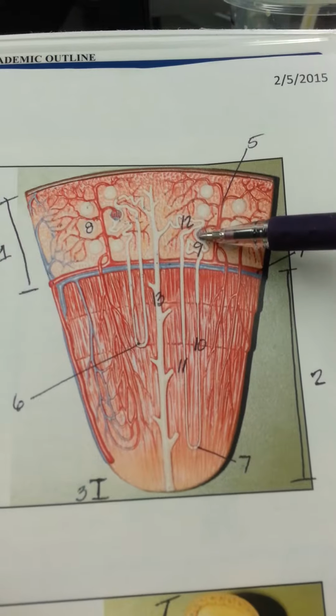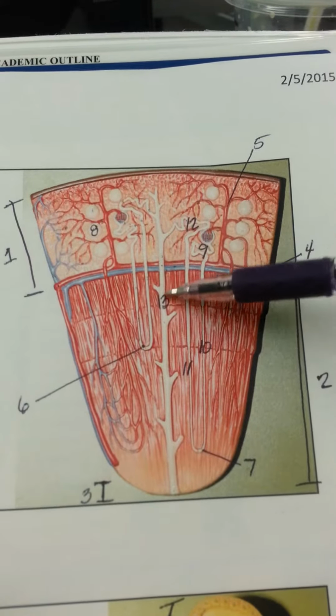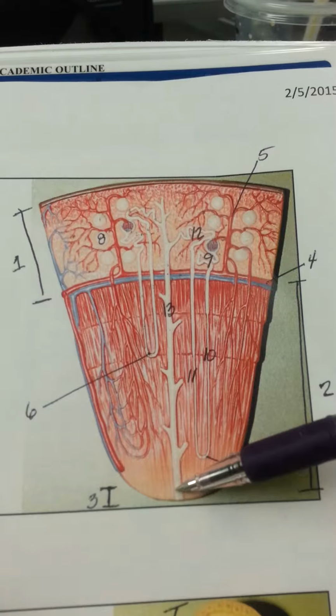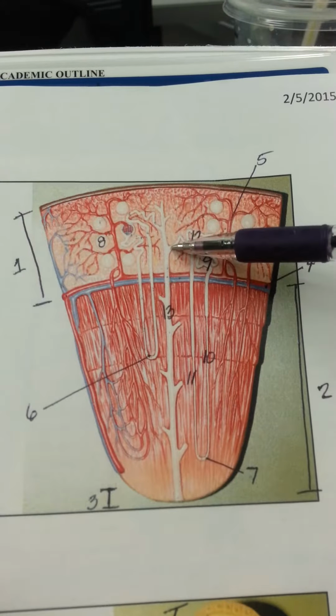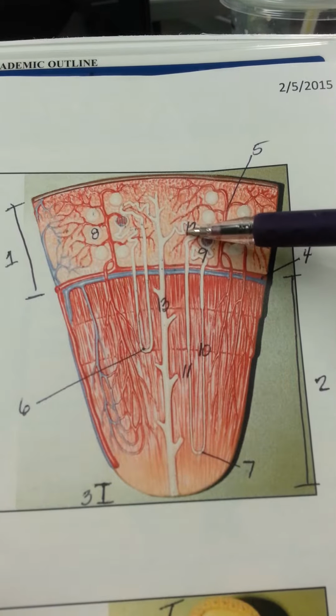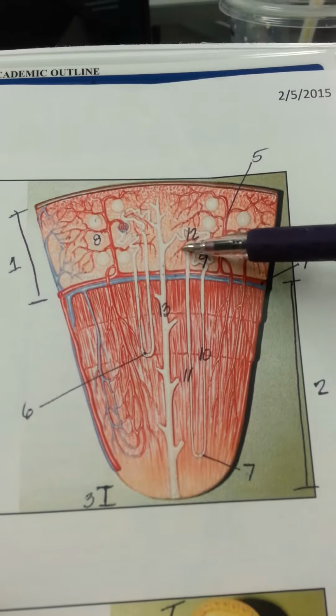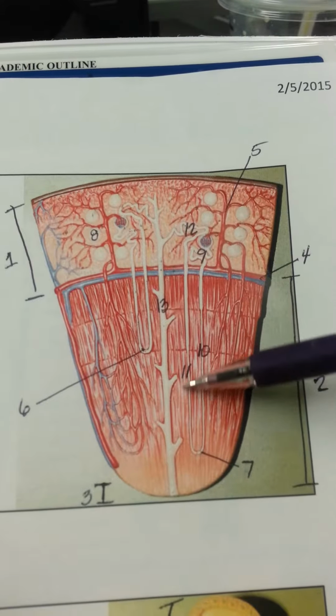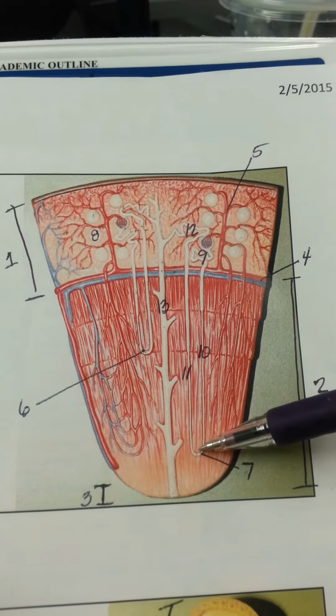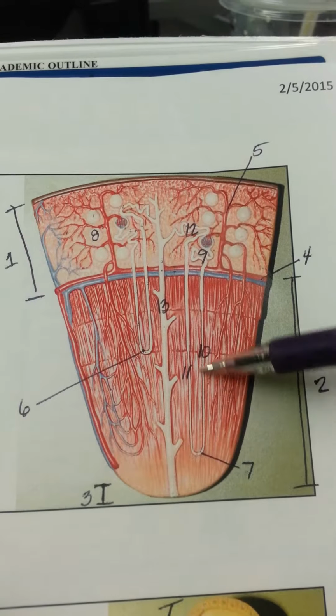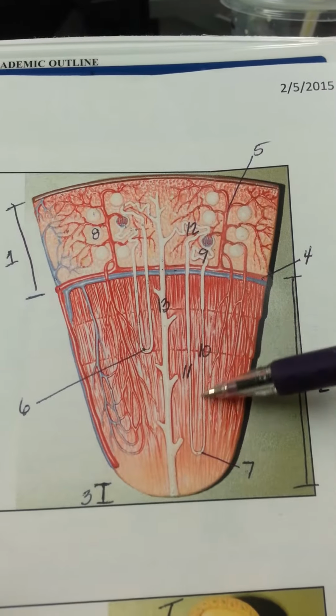Okay. Now we move on to the collecting duct. This is the collecting duct. Distal convoluted tubule, ascending loop of Henle, juxtamedullary nephron.